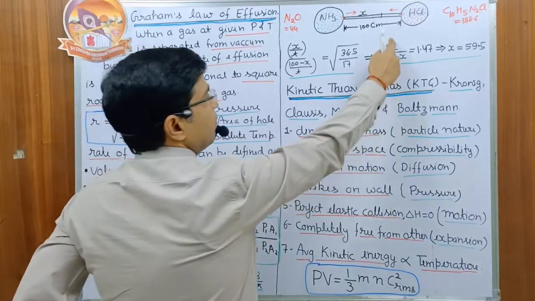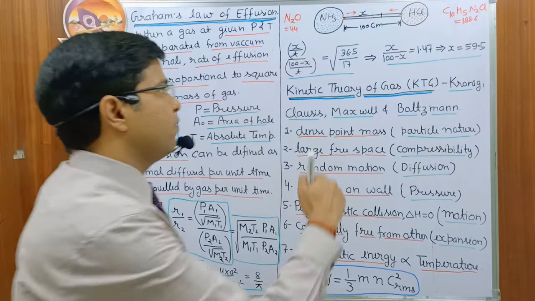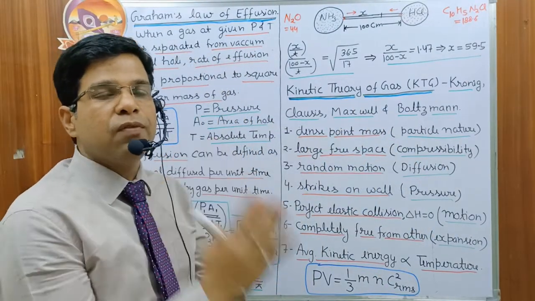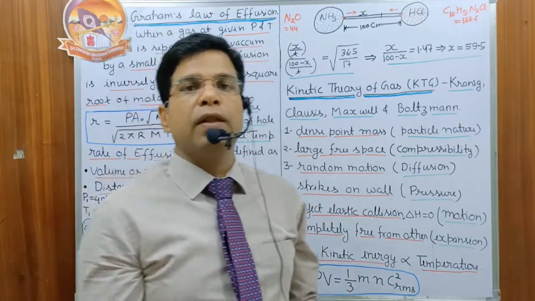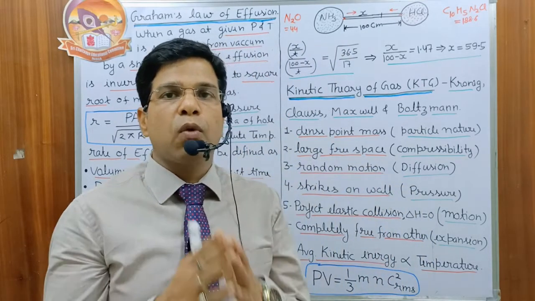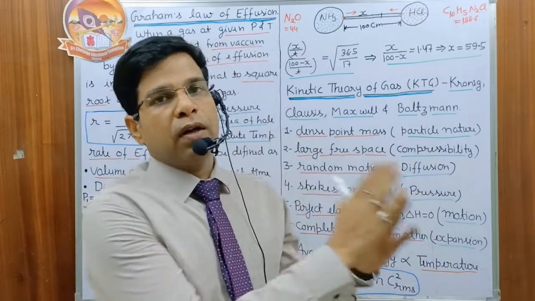So we have x upon 100 minus x equal to under root 1.46, and if we calculate x, that is 59.5 centimeter. This means whenever these two gases meet each other, at that point they form the white vapors of NH4Cl, ammonium chloride, and that point is 59.5 centimeter away from the container of the NH3.